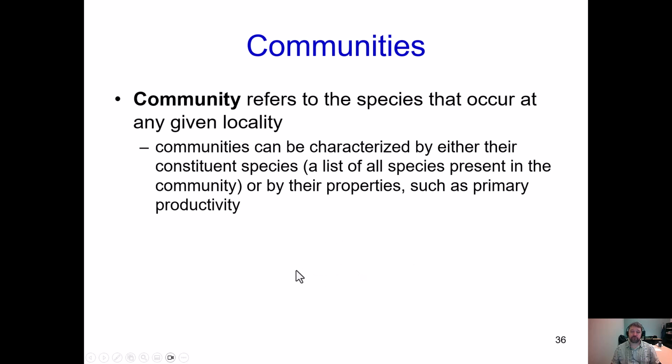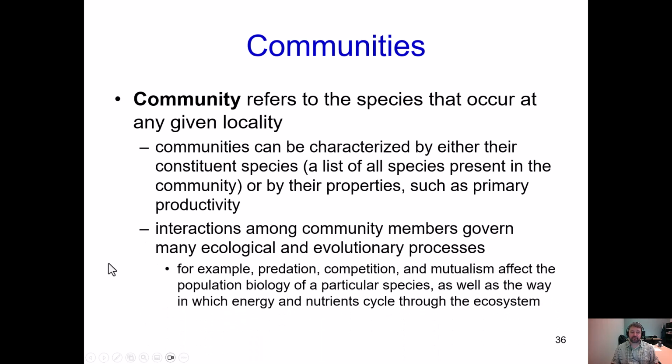But sometimes we organize it by the classification of, say, an energetic pyramid, or things that interact with each other. And so maybe we classify communities based on what kind of predation there is, competition, mutualism, and how does that relate to energy or nutrient cycles.